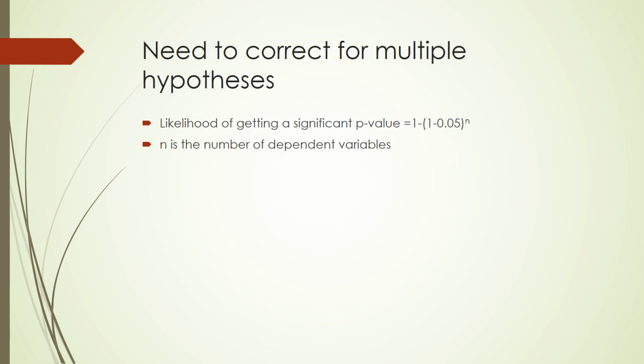In my study, I believe there were 2 things that were statistically significant. So this equation is going to tell me, based on how many dependent variables I had in the study, how likely it is to get something statistically significant that is just due to chance. Is everyone following me on this?